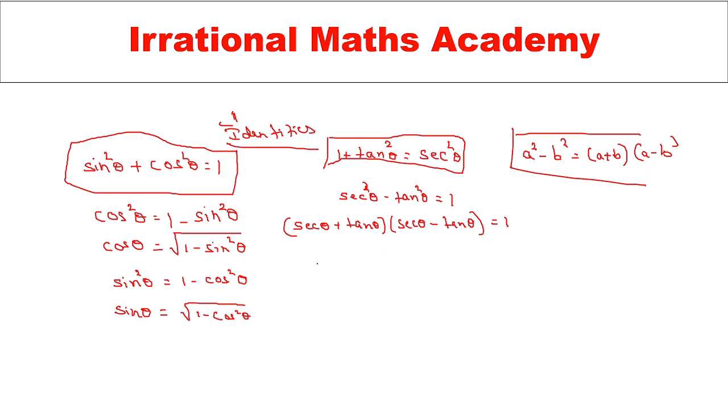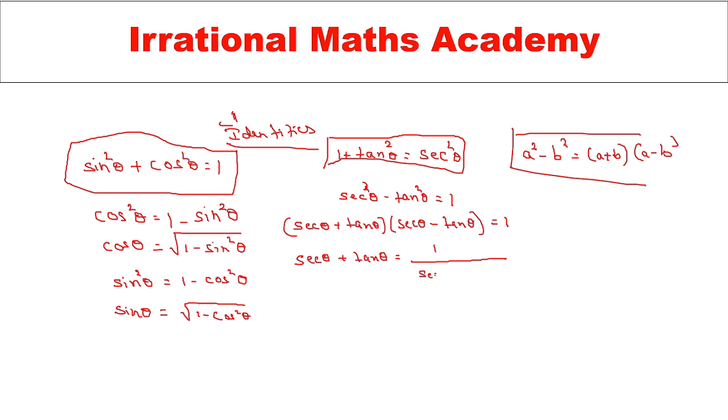Is it clear? Next, if I want secant theta plus tan theta, so secant theta plus tan theta equal to 1 by, if you look at here, this is in product. If it is in product, if I take this to this side, what happens? It becomes the denominator.